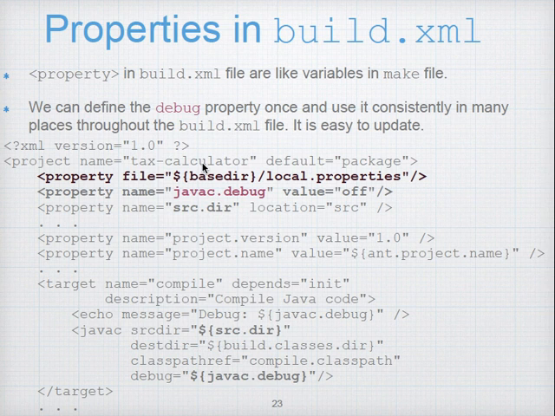So in this case, we want to define a property, and the name is java.debug, which means that if I am doing the compilation, do I want to turn the debug option on or off?